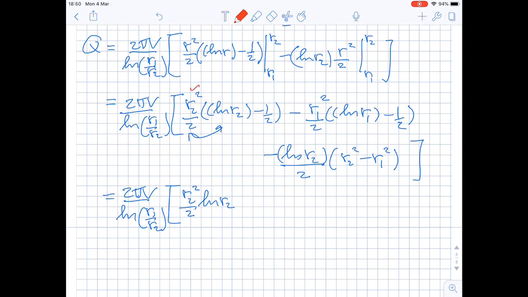So this term is gone, appear over here. And then I have this term multiplied by this term to get r2 squared over 2 ln r2. That would be my pink term.